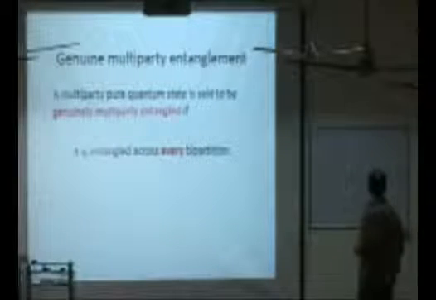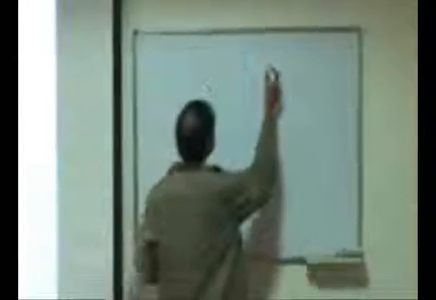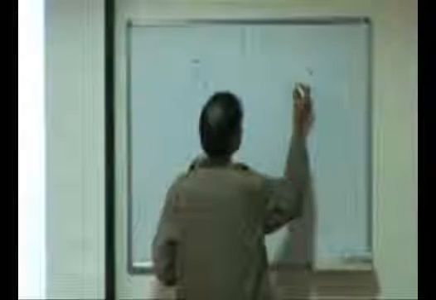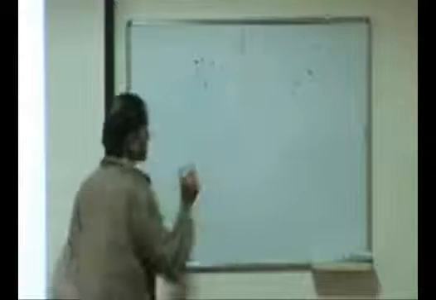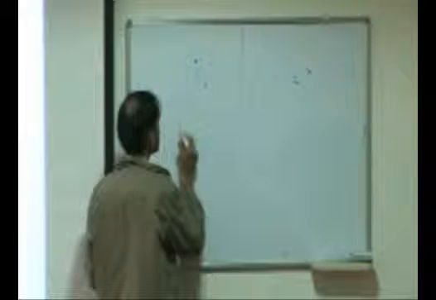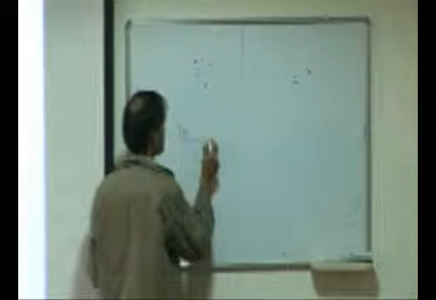And now I also want to stress another point. If you have some particles and some more particles here, so this is 1, 2, 3, and so on up to n minus 1, and this is one partition, and the entire thing is in a pure state.